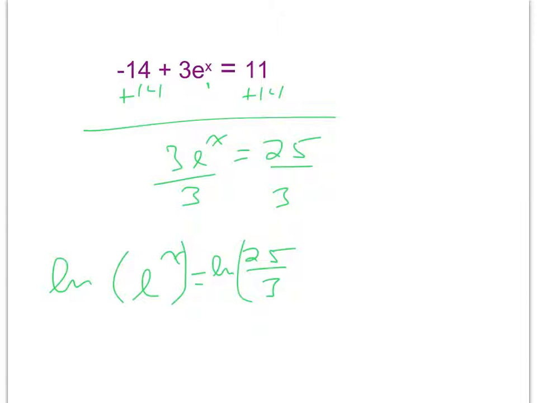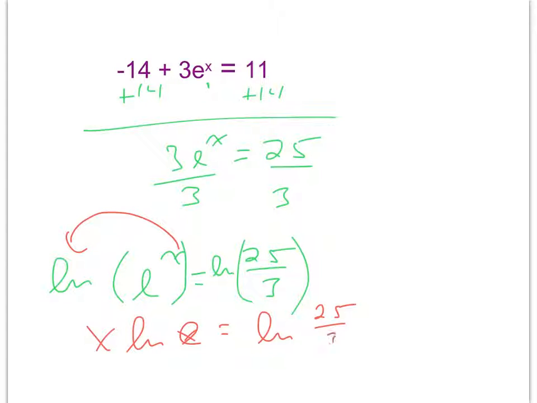When I take ln of both sides, on the left side my x comes down in front, so I have x times ln e is equal to ln 25 thirds. Well, ln e, of course, we know is just 1.